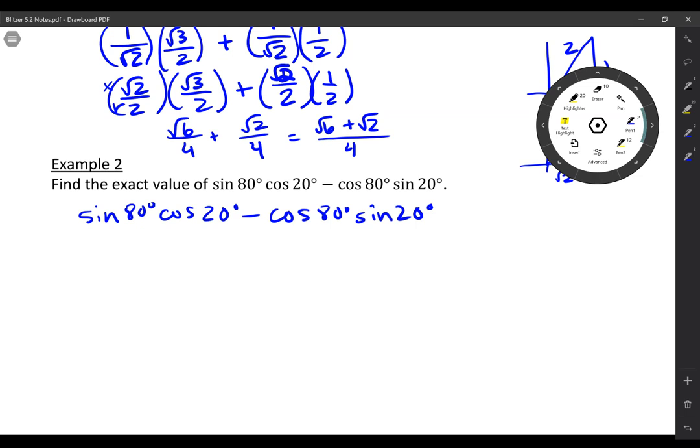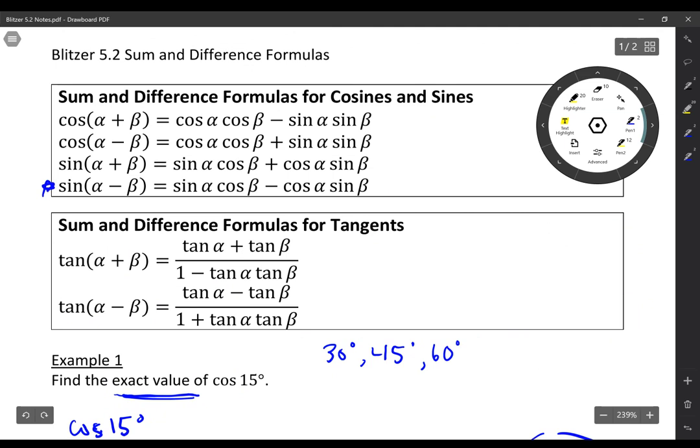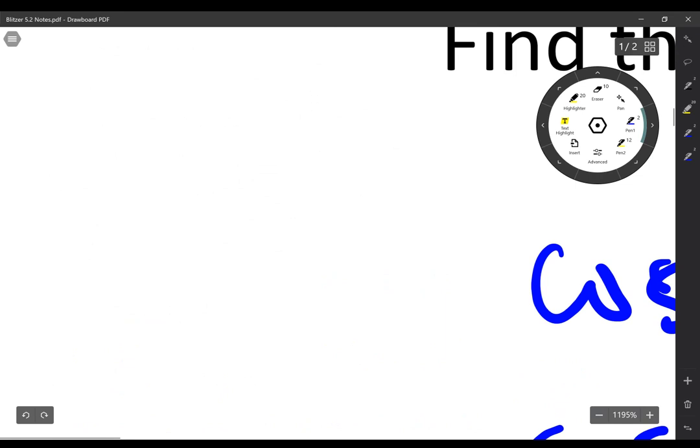So what I want to do is change this back because I can't do anything with 80 and 20, but there is a minus sign here, and I know what 80 minus 20 is. So this is really the sine of 80 degrees minus 20 degrees. So just to review, this is what I'm doing right here, right? Sine alpha cosine beta minus cosine alpha sine beta. That's what we're doing.